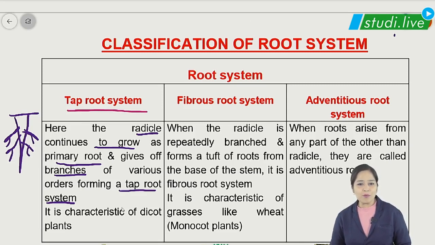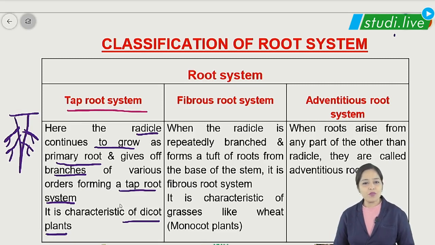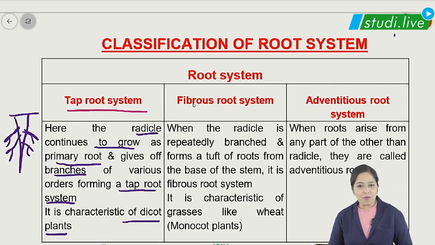Now this taproot, it is the characteristic feature of dicot plants. So dicot plants like we have pea, beans, gram, groundnut. So this is the characteristic root in these plants, which are the dicot plants. Let us see what type of roots are present in monocot plants. So in monocot plants, we have got these thin thread-like structures which are known as fibrous root.